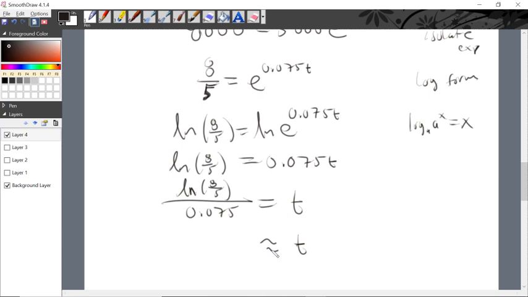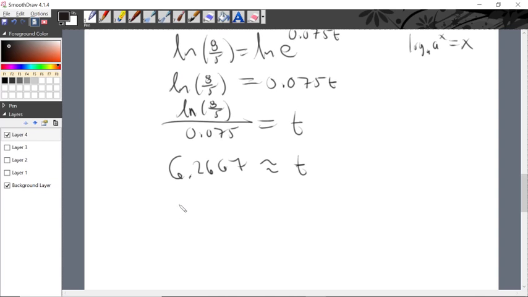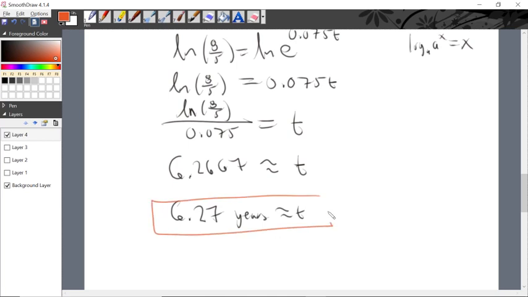All right, so you take the natural log of 8/5 and divide that by 0.075, and I get t is approximately 6.2667. So to 2 decimal places, we would have t is approximately 6.27 years. It is less time, but it's not a lot less time.